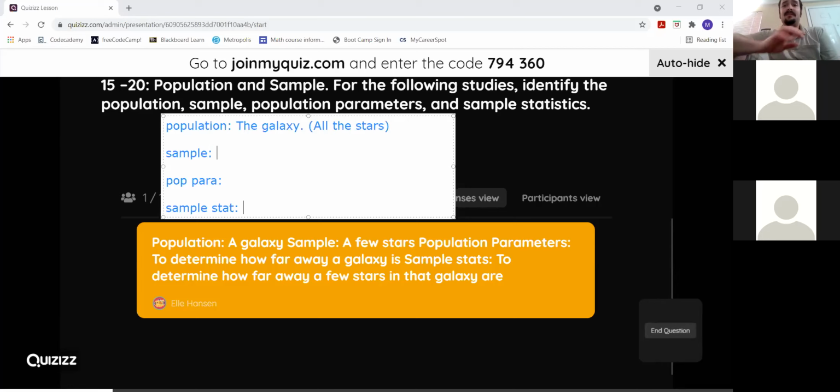The sample is going to be the few stars that they picked, right? Now I'll pick the sample statistic.